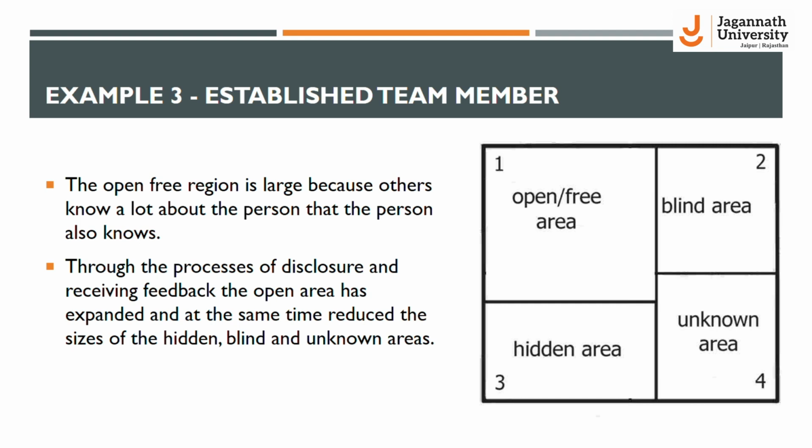So in the beginning we discussed that the open area is better in an organization because it has clarity of intentions both for the self and the others, which helps in increasing complementary transactions.